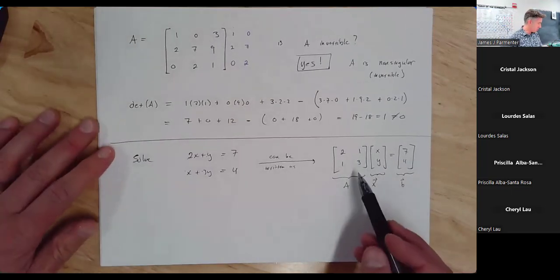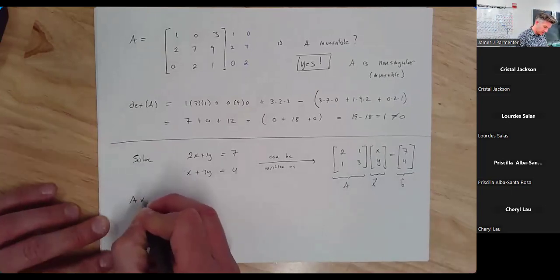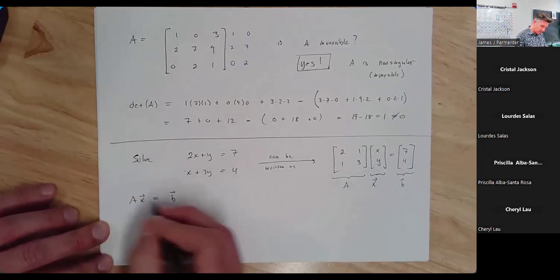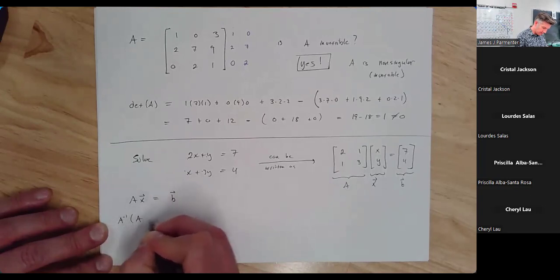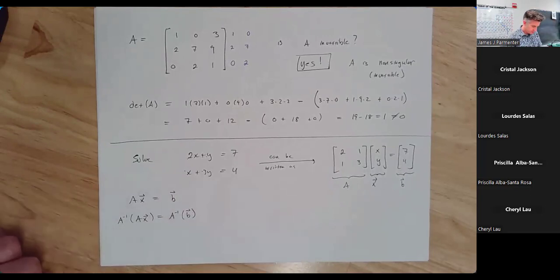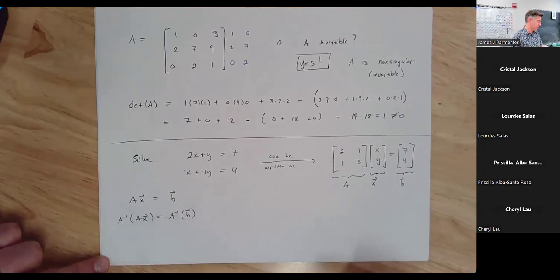So we're going to multiply both sides by A inverse. In fact, let's just do it without writing down the matrix for a second. If A times X is equal to B, we multiply both sides on the left by A inverse. So A inverse times A times X equals A inverse times B. For whatever reason, when they're vectors, we like to write them with little arrows over them. That's just typical notation.